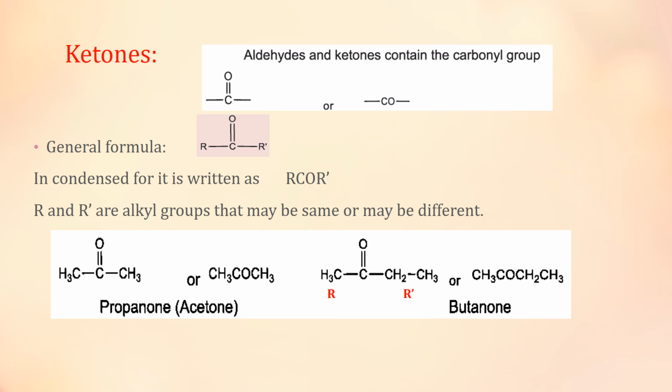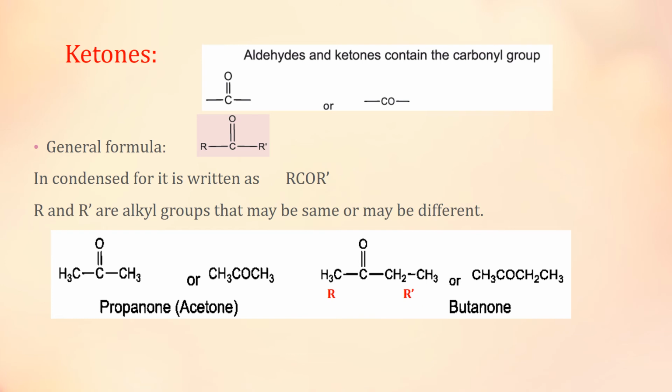In the condensed form you can write this general formula as RCOR dash. Again, R and R dash are alkyl groups, and they may be the same alkyl groups or they may be different alkyl groups. Here you can see the example of this propane.